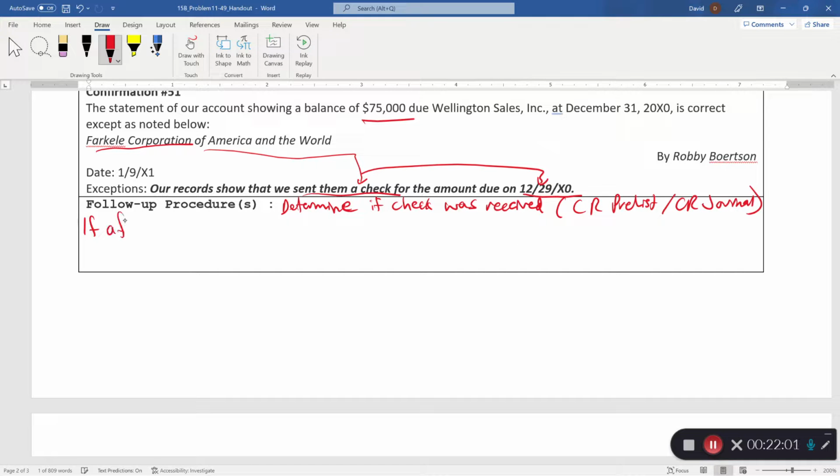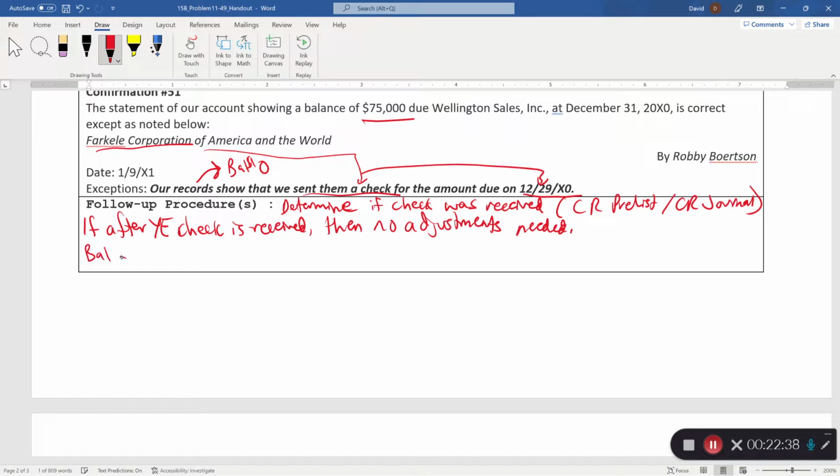Again, you can do something like the cash receipts pre-list or cash receipts journal. And it's possible, if it's after year end, that their records show there's no balance as of 12/31, but there's a transit period there. And so if after year end a check is received, then no adjustments are needed, right? Because it can't be simultaneously true that the client shows a balance of 0, but then our client has a balance of 75,000, and the difference is the timing, right?